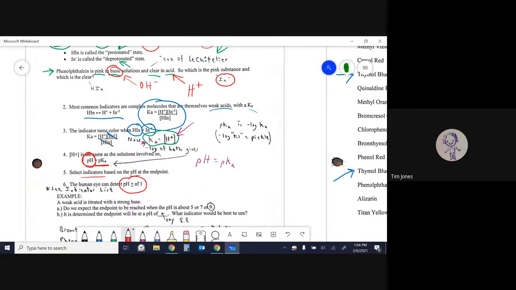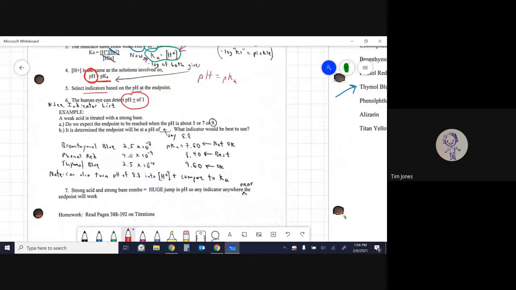So let's go through an example here and we'll go back to the chart. Let's say we're going to titrate a weak acid with a strong base. What that means is that we will end up making a weak base, like the graphs we looked at earlier.